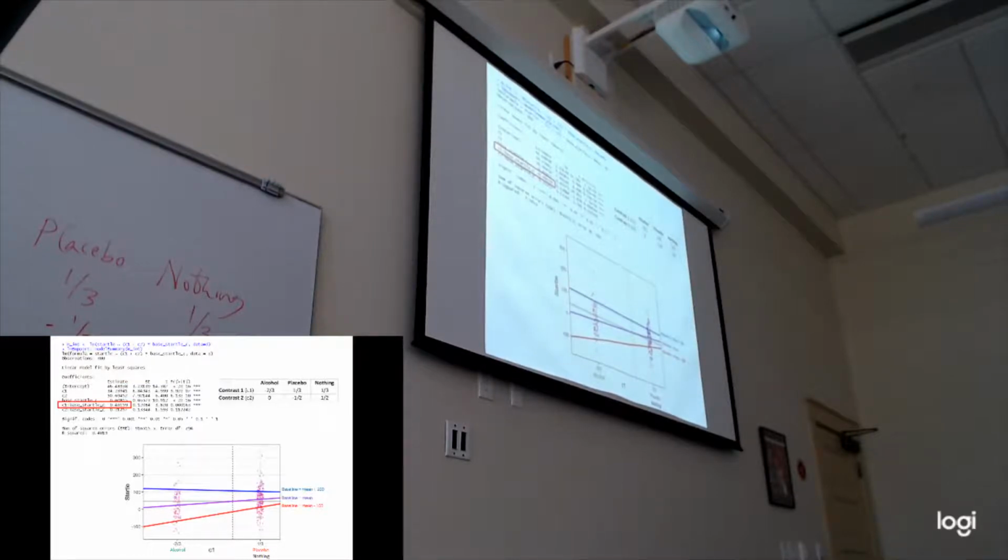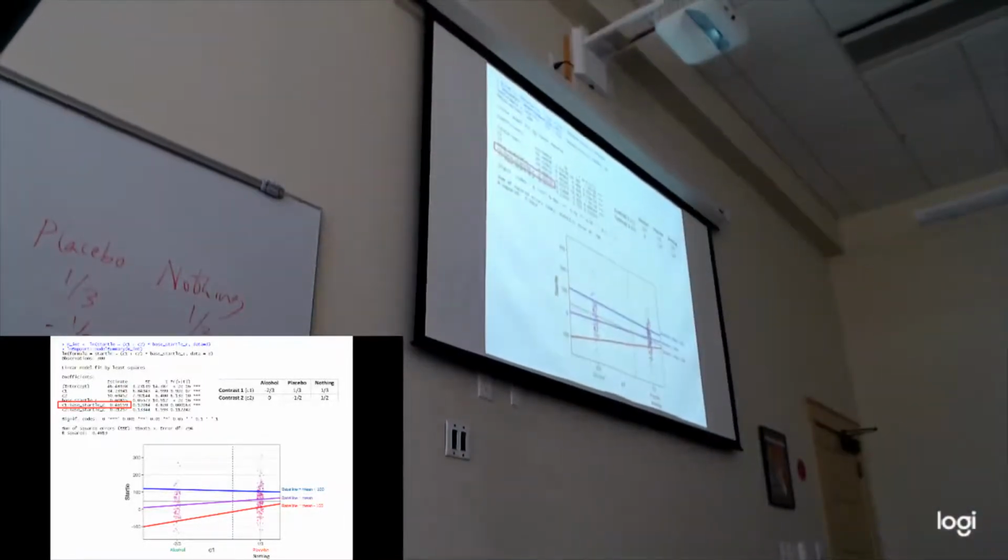C1 and the difference between the low and high baselines for the alcohol condition compared to the average of the other two conditions. Yeah, it's how that changes based on baseline startle.